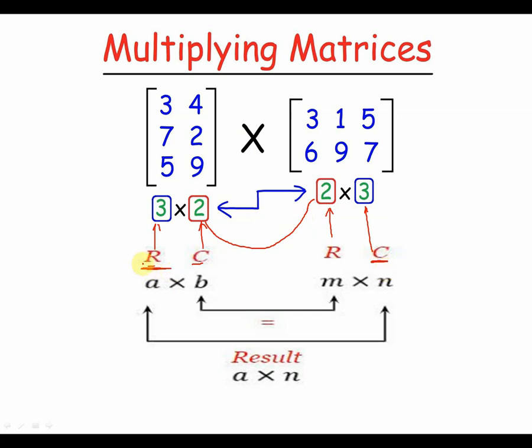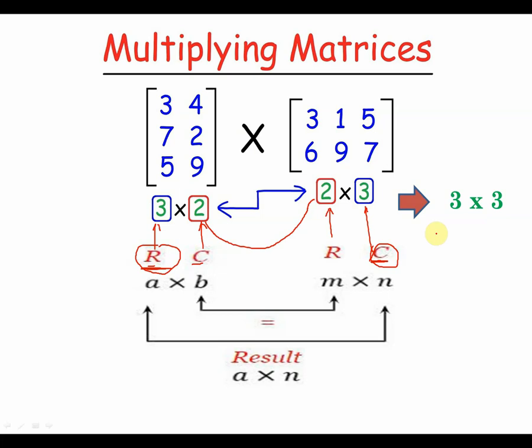So basically this value into this would be the dimension of the resultant matrix. So in this example, number of rows is 3 and number of columns is also 3. So hence the number of rows in the final matrix will be 3 and number of columns will also be 3. So it will be basically a 3 by 3 matrix. So this is the basics about matrix multiplication.